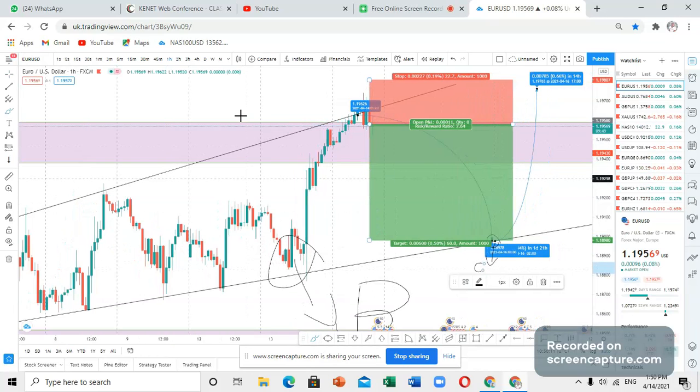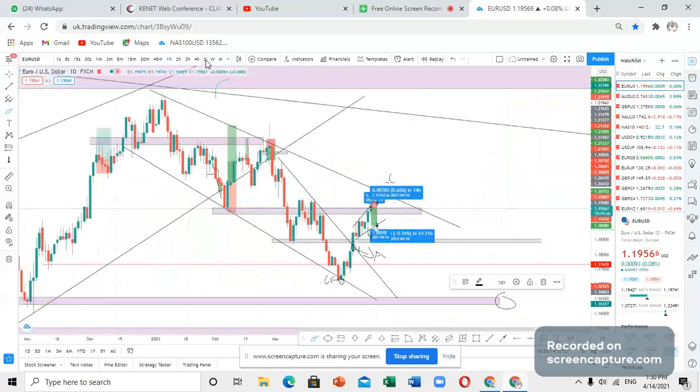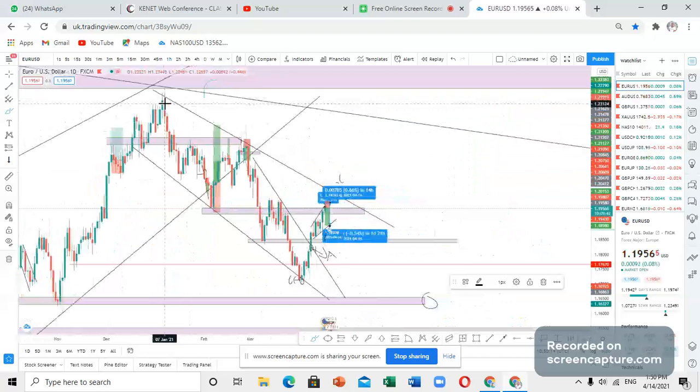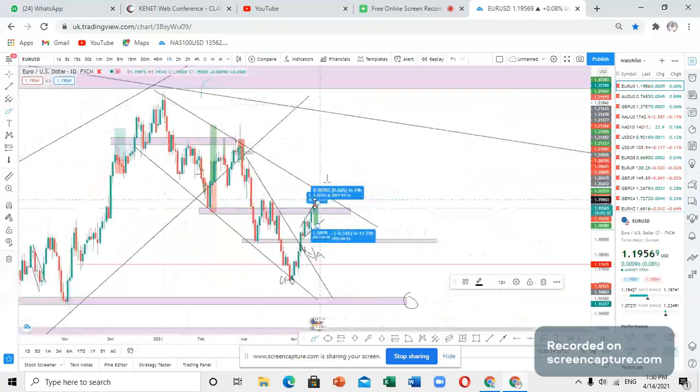Remember, if you can view the charts from a daily time frame, you'll see that the market is supposed to move to the upside. Let me remove some of the analyzing tools so that you can view it appropriately.